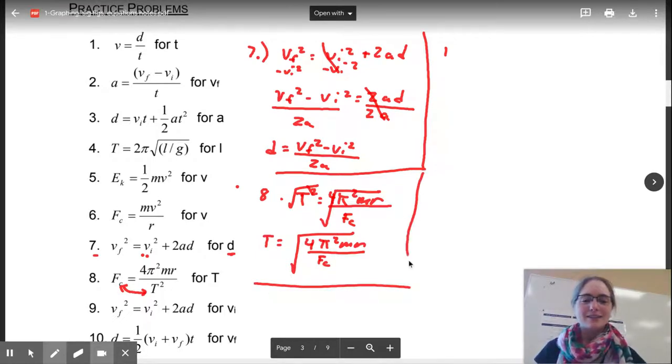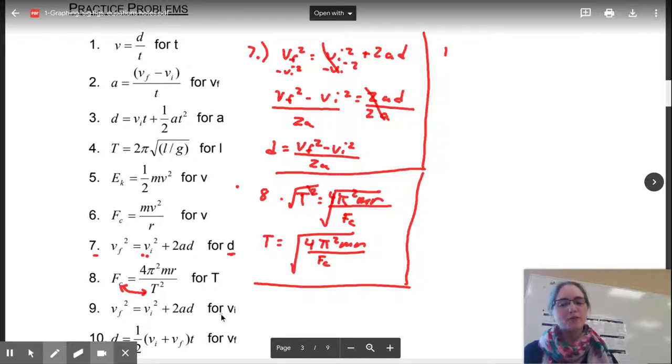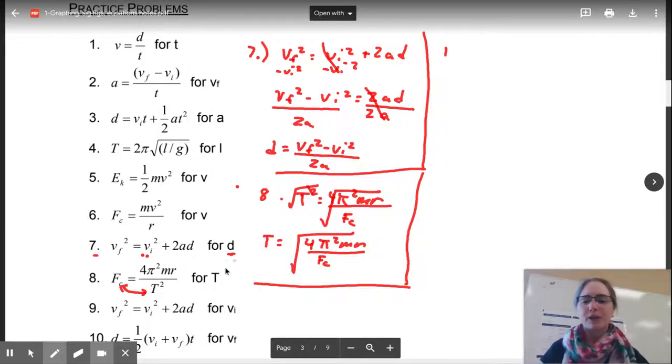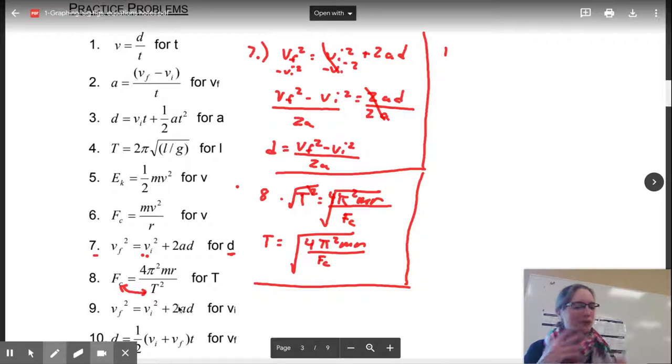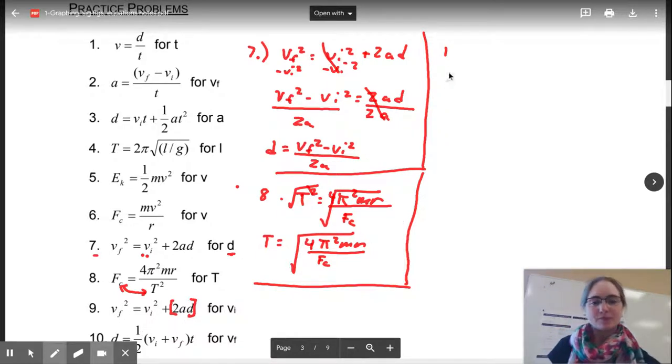All right. Next question, number 9. We're going to be solving for VI. Now, this one's going to be a bit tricky, guys. Remember, we have to get rid of everything else away from that chunk. Because they're adding here and these are all being multiplied, we have to keep this chunk together. So they're going to stay together, and we can move that whole chunk over to get away from the VI.